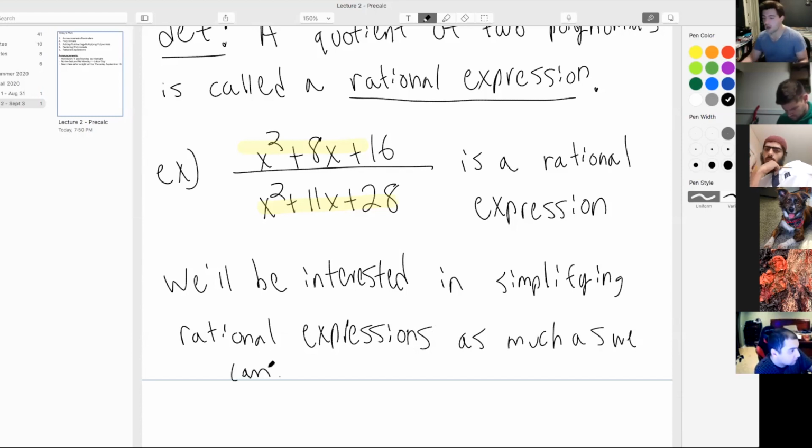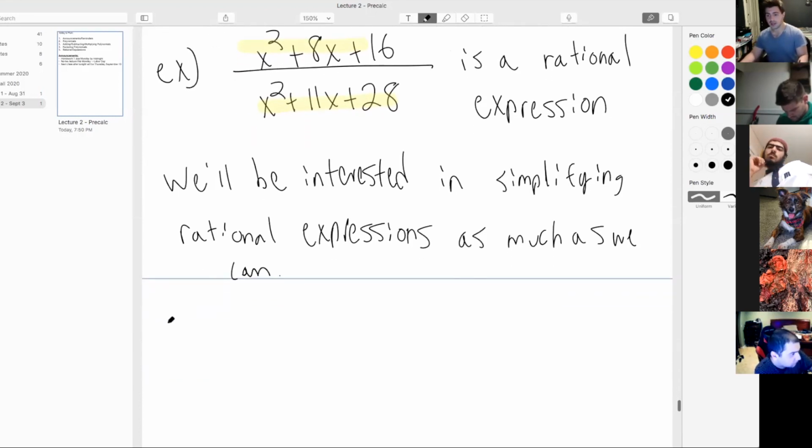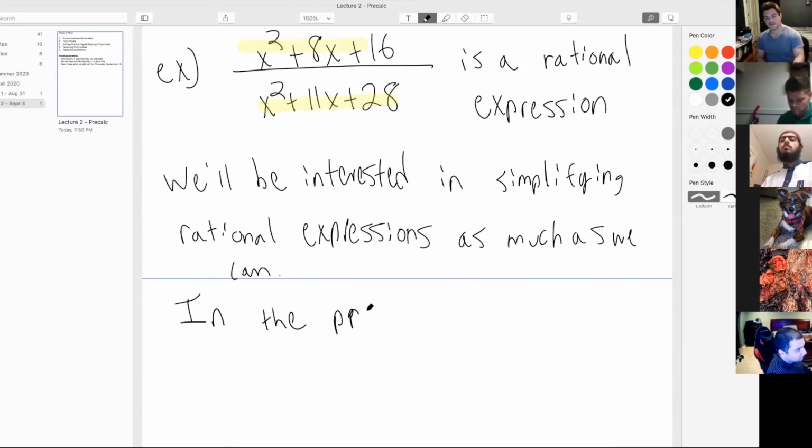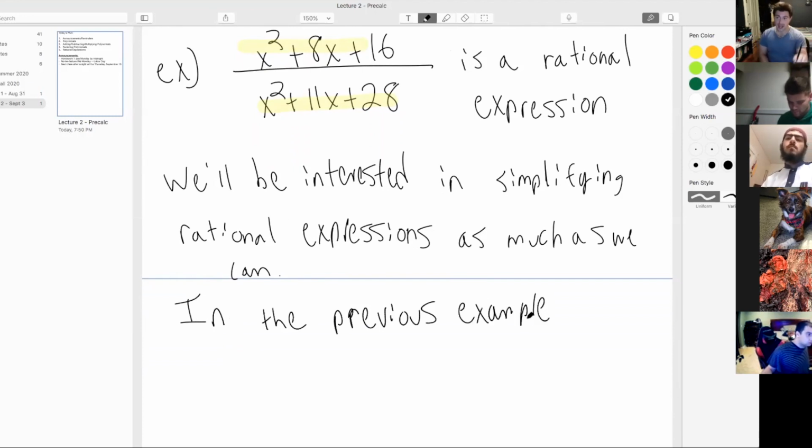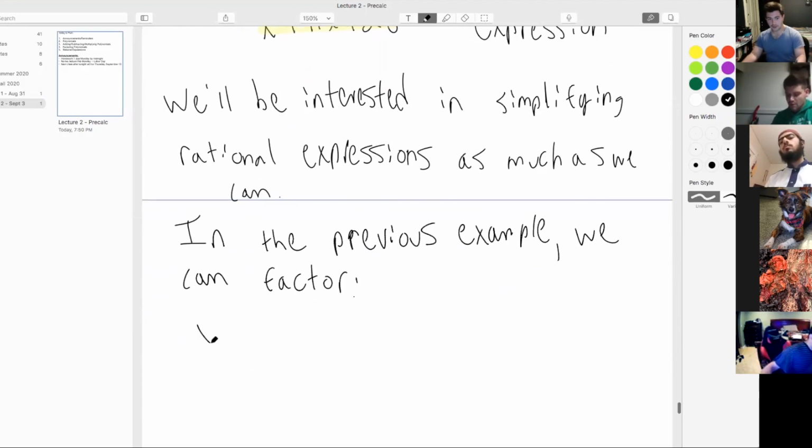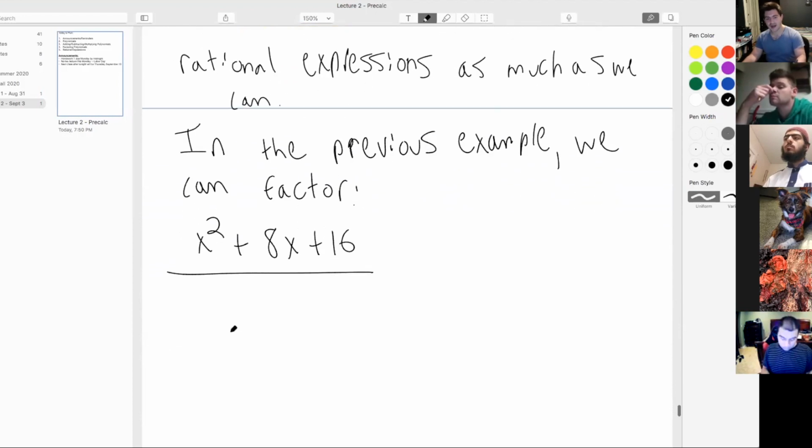Okay, so let me just work with this previous example, and then I'll give you guys the formal set of steps. In the previous example, we can factor the numerator and denominator. Let me write the rational expression again: x squared plus 8x plus 16 divided by x squared plus 11x plus 28.